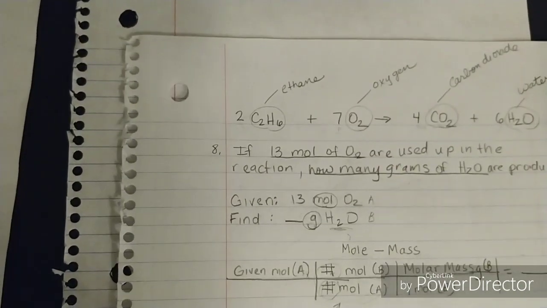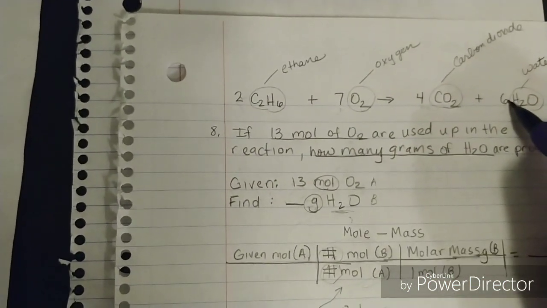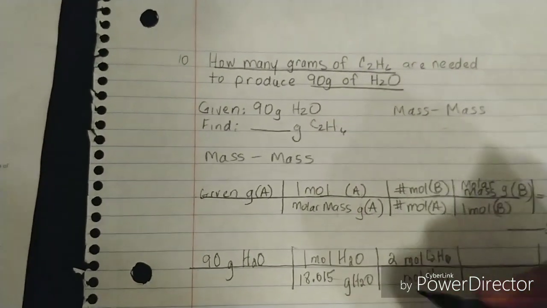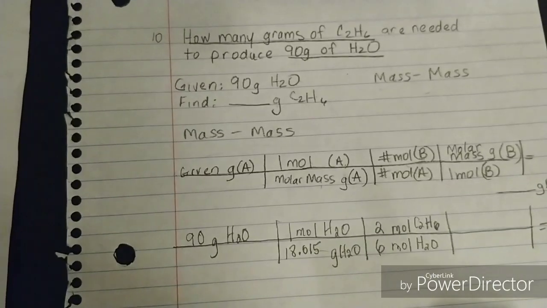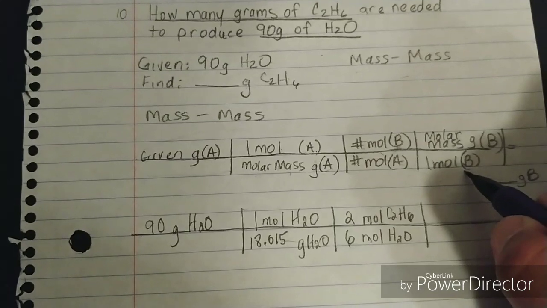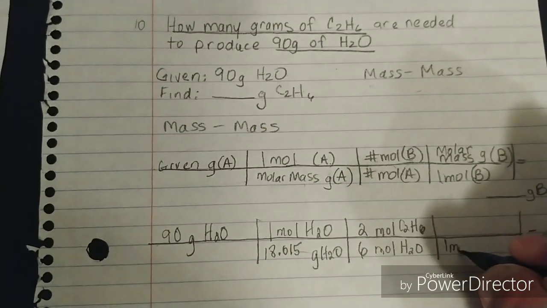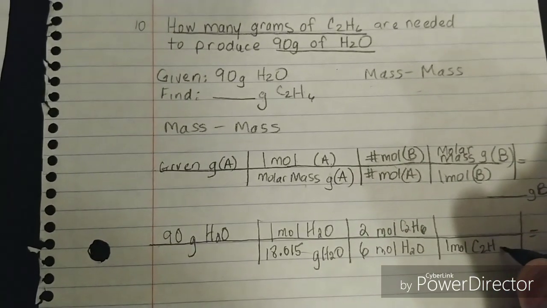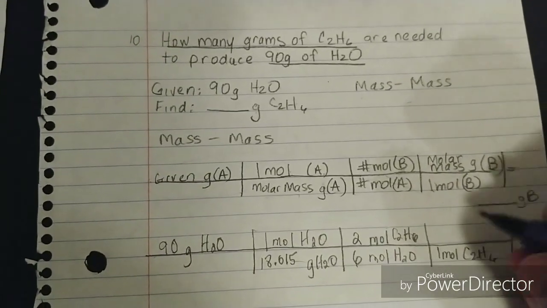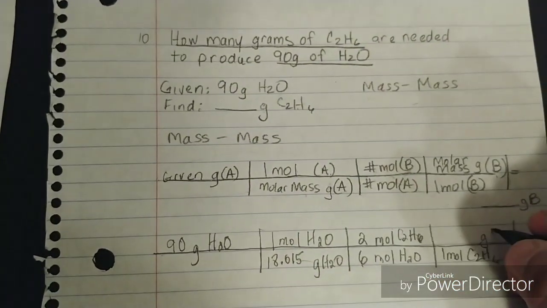So for C2H6, it's 2, and for H2O, it is 6. It looks like that. Okay, so then according to the setup, it says 1 mole of B. So B is C2H6. So it's going to be 1 mole of C2H6. And everything still is diagonally the same. And the molar mass in grams of B, B being, again, C2H6.